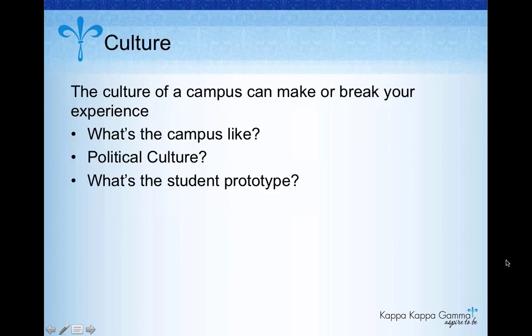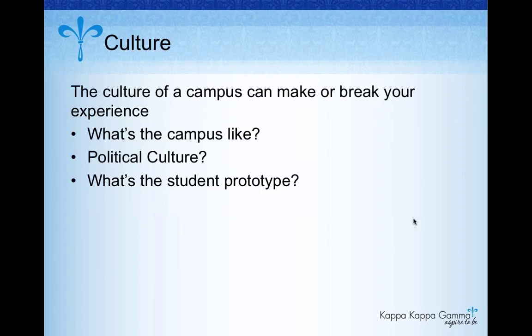Or is it a campus that's populated heavily by graduate students? You just don't know, and you're really not going to know that until you actually visit the school. Take the time and spend the investment to go visit the school, because that's going to be important for you in understanding and recognizing what type of culture within a campus you're going to want.